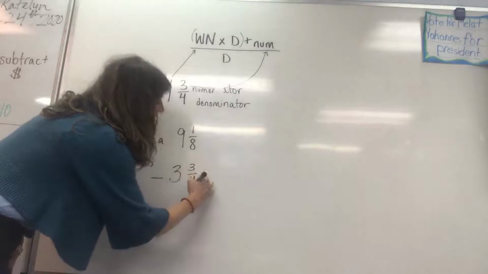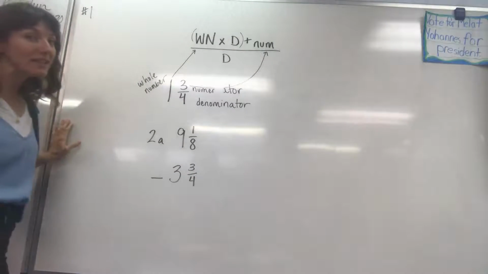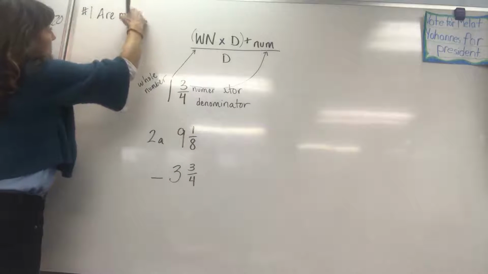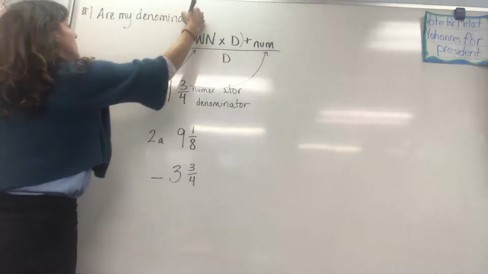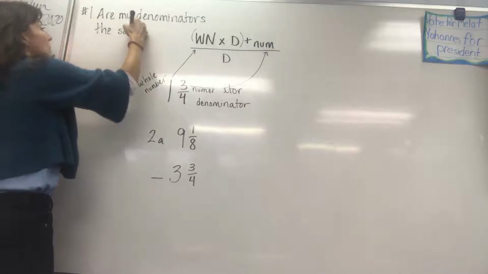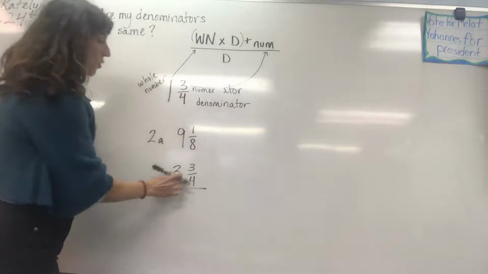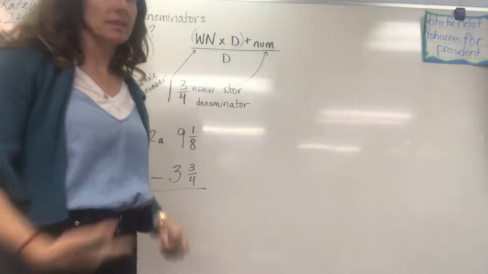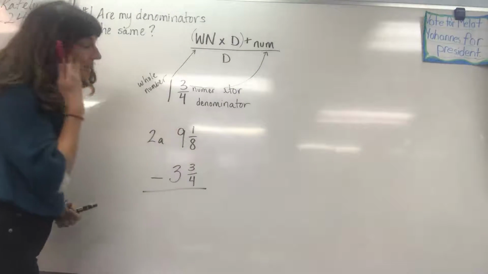Now remember yesterday, the first question was, are my denominators the same? 4 and 8. My denominators are not the same. Remember, the denominator is the number on the bottom of the fraction. This is 4 and this is 8. They're not the same.